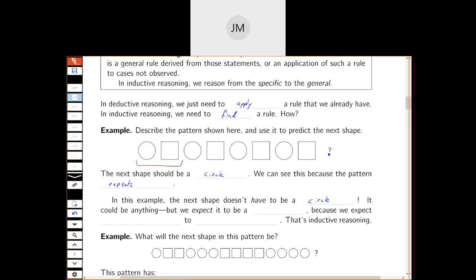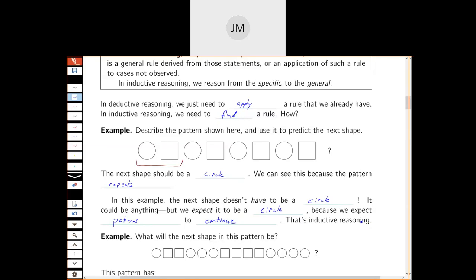But based on what I've already seen, I expect it to be a circle, because we expect patterns to continue. And that's inductive reasoning.